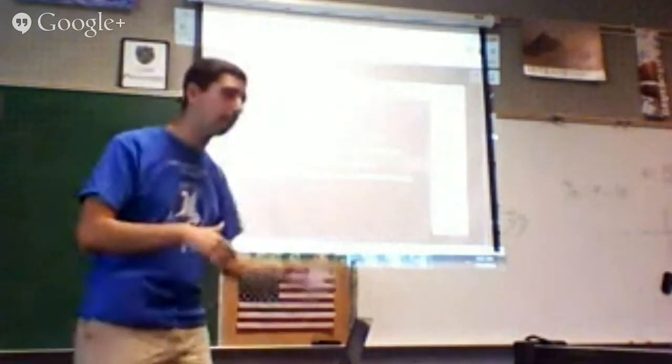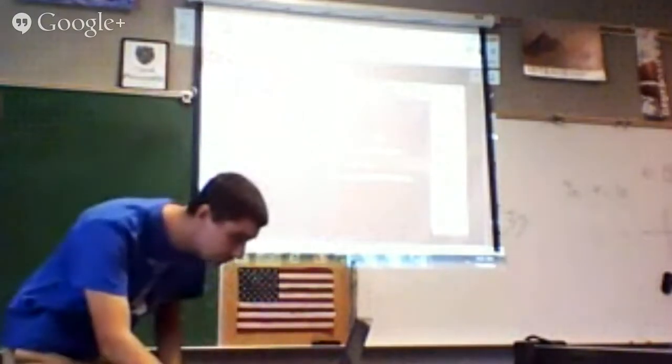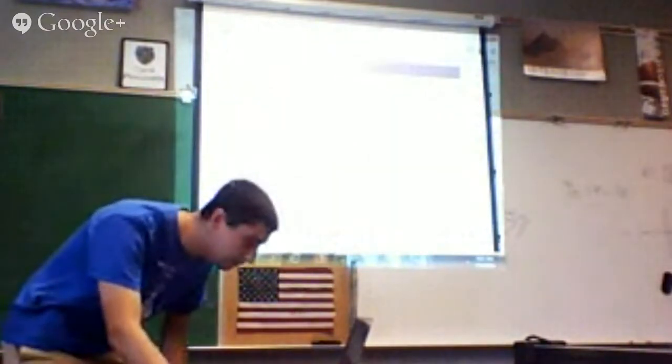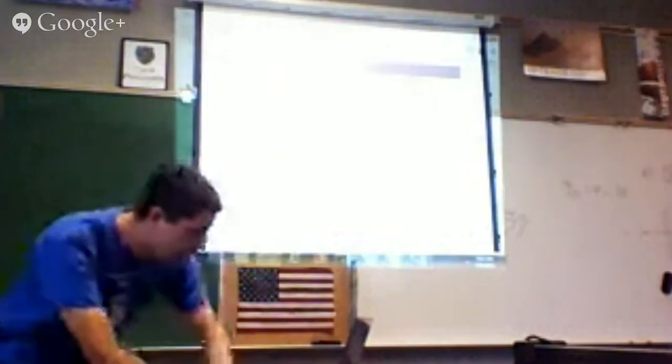Let me first just model on the board how this works. I hit the proceed button, and say that I have a dry zone. It's color coded, it says semi-arid and then arid.